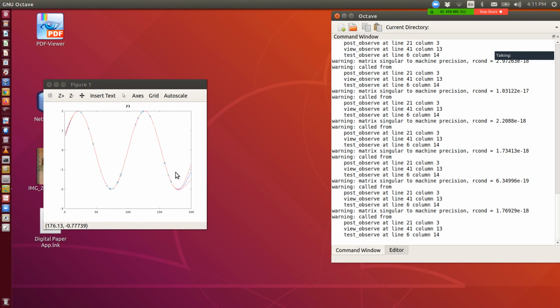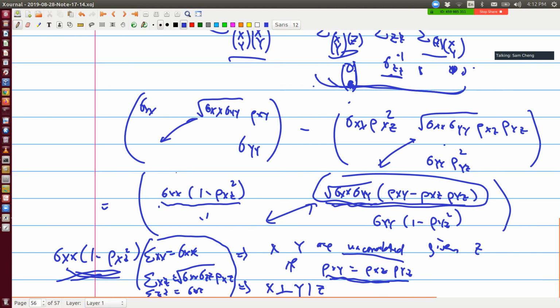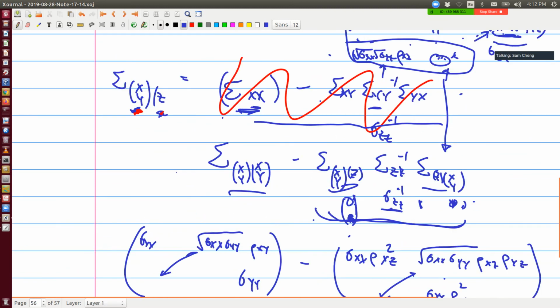But anyway, of course you can extend it to higher dimensions as well. If you do it, for example, in 2D, the complexity will kill you, because if you look at this here, you need to solve kind of an inverse of the coherence matrix, right? But actually this part is fine.